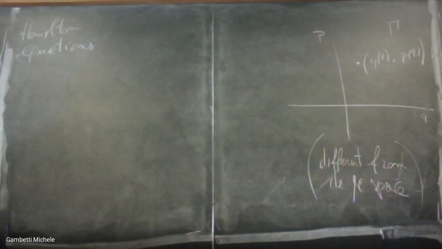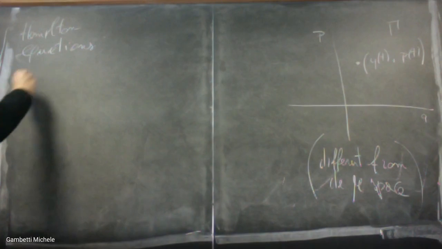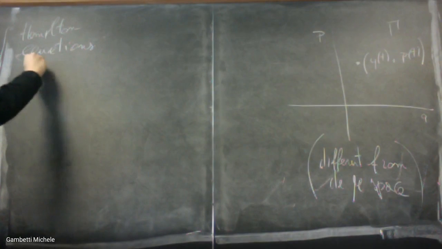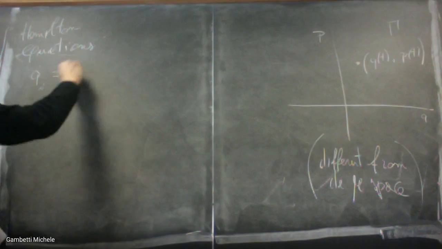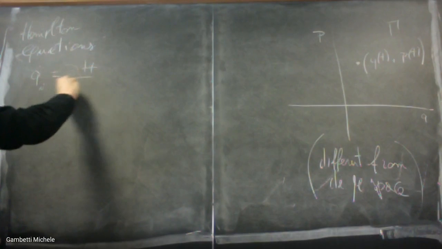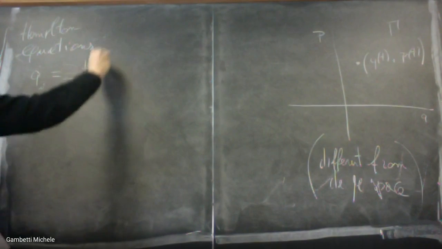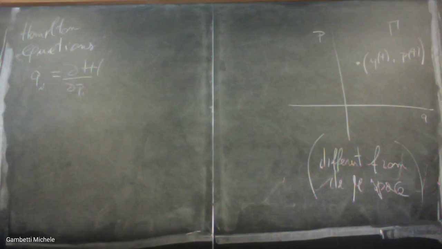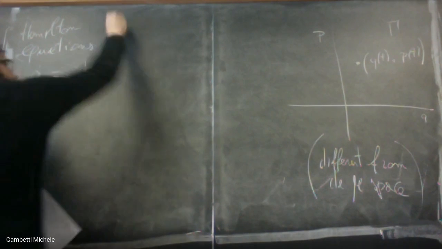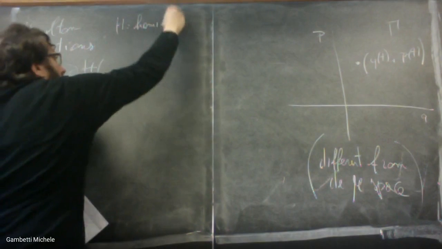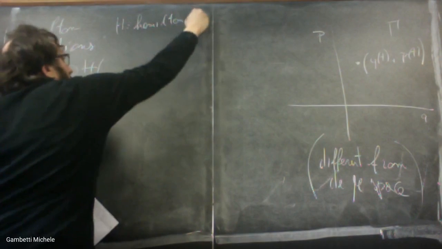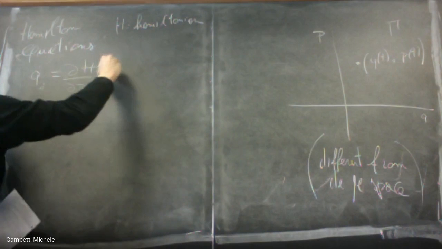That provides, as I said, the temporal evolutions of these quantities. So q dot i, where i runs, as I said, from 1 to 3n, is the derivative of H with respect to p_i, where H is the Hamiltonian, and it is a function of q and p.